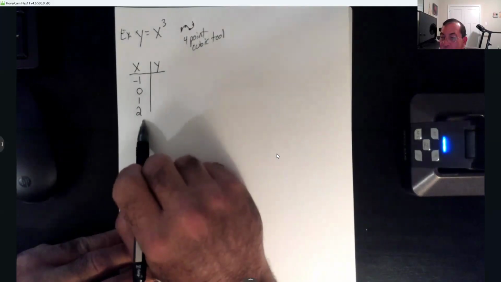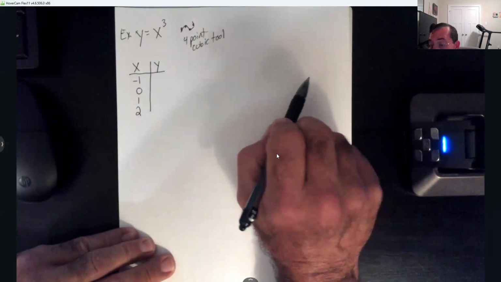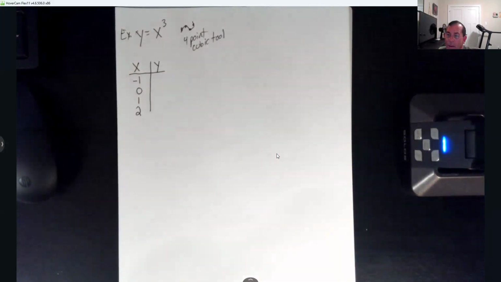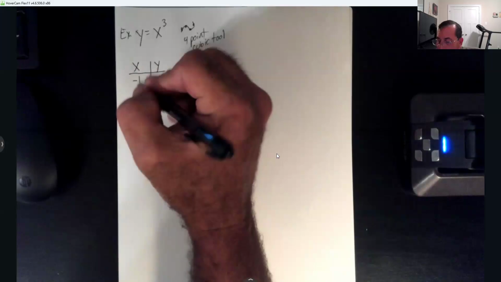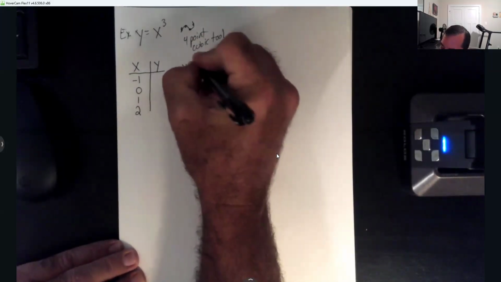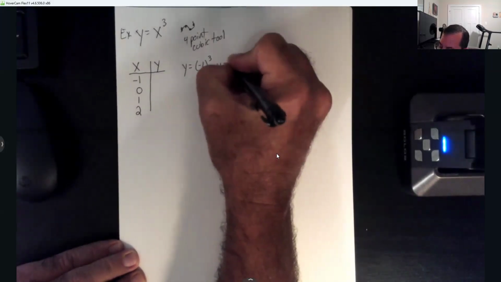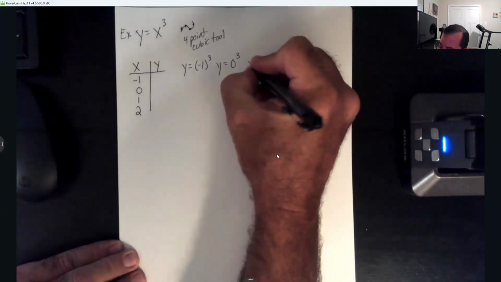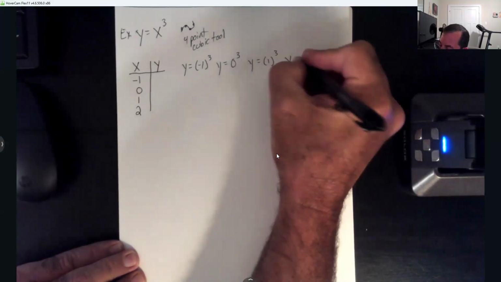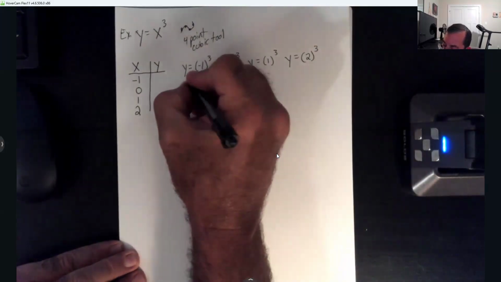Y'all, even if I picked a 3, what's 3 times 3 times 3? That's 27. That's bigger than I want to graph. Okay? On a cube, keep them numbers small. And we would come in and do -1 to the third, 0 to the third, 1 to the third, and then 2 to the third.